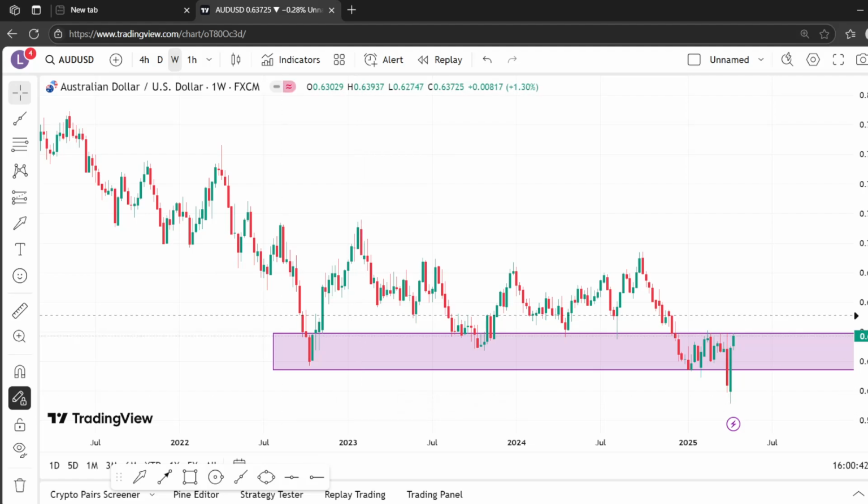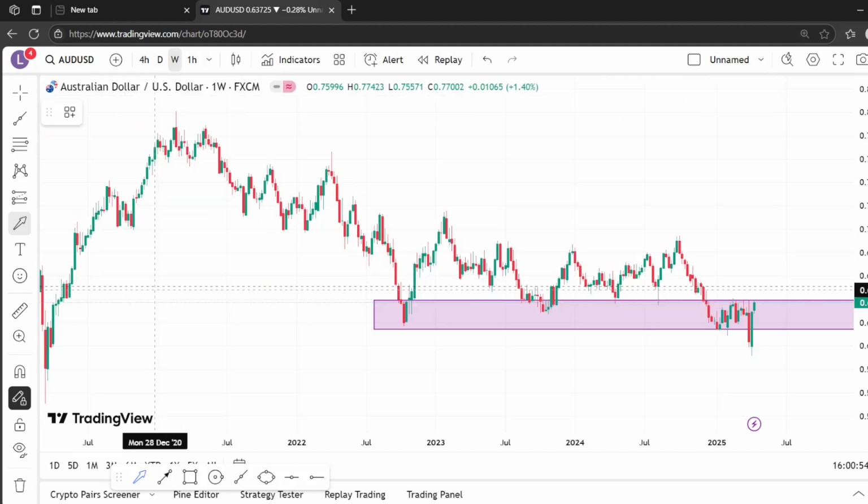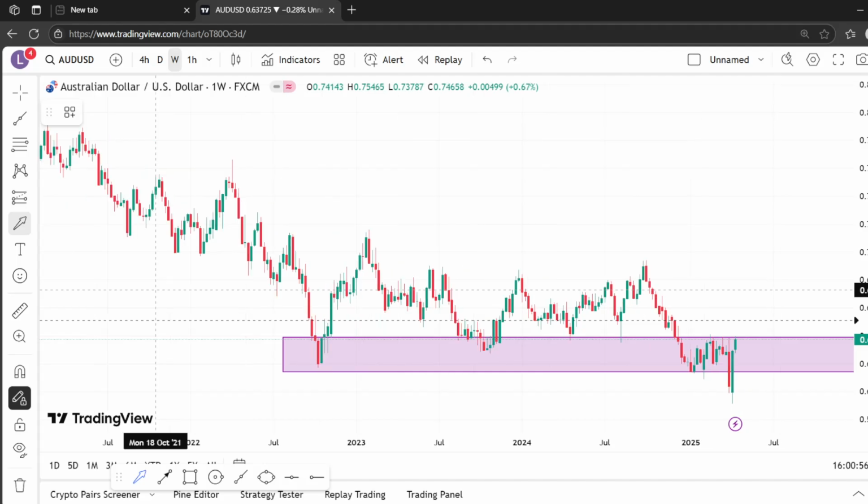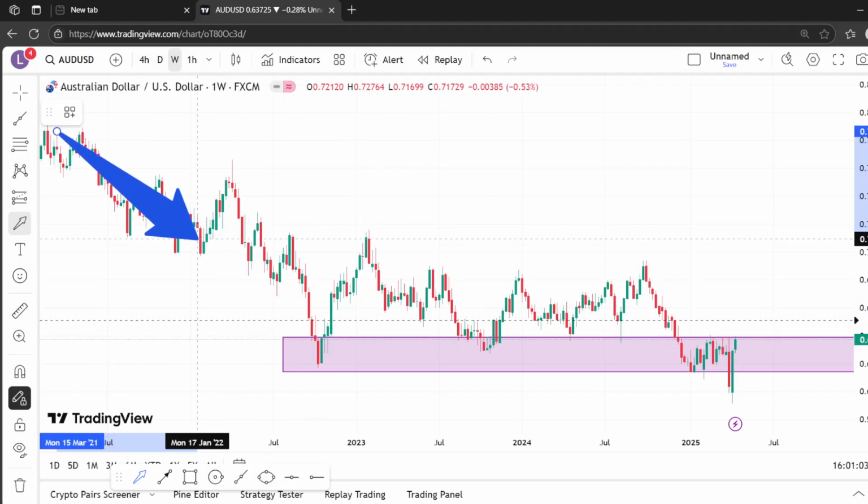All right, so this is AUDUSD on the weekly time frame. The first thing I do is identify a trend. If you are a new trader and you're struggling to identify a trend, just ask yourself whether the market is moving down or going up.